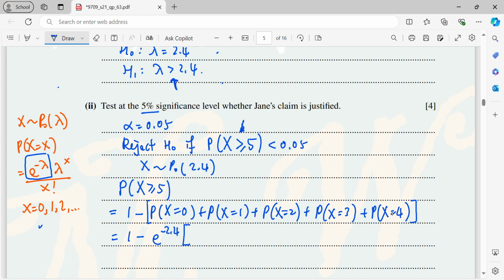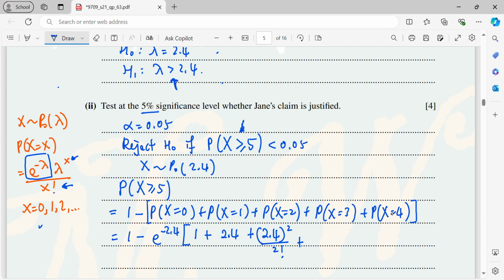When X goes to 0, any value to the power of 0 is 1. Then 0 factorial in the denominator is also 1. Therefore, I will just write 1, then plus 2.4 to the power 1 over 1 factorial, just leave it as 2.4. Then 2.4 squared, because I have factored out the exponential of negative 2.4.